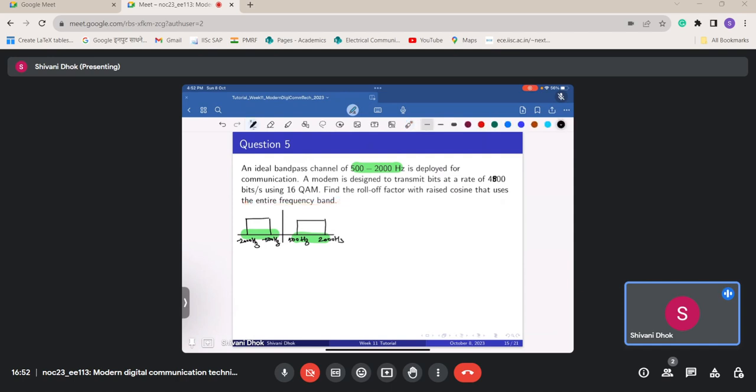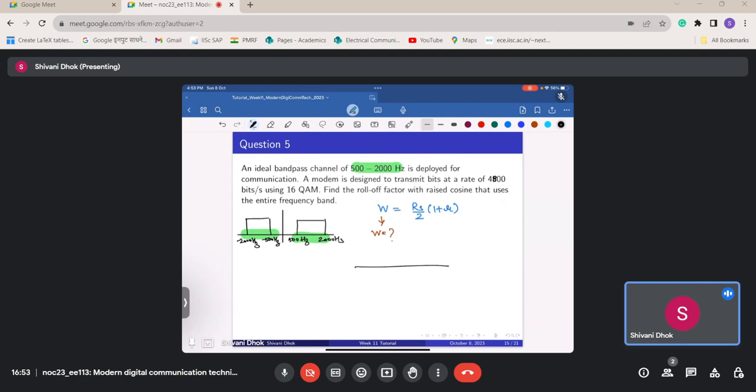Now the equation that relates this roll-off factor, bandwidth, and symbol rate is W equal to Rs by 2 into (1 plus R), where this R is your roll-off factor. Now what does this W mean?